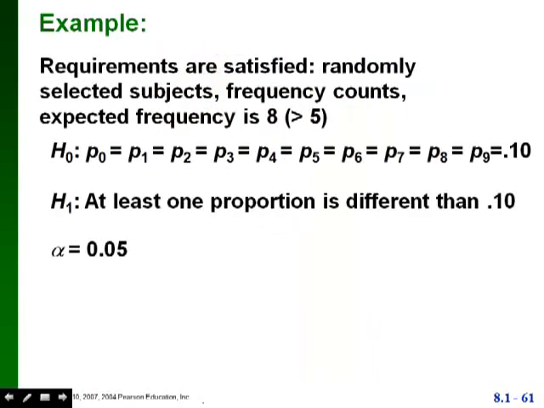Now, one of the nice things about a test for goodness of fit is that the null hypothesis and the alternative hypothesis are always pretty much the same. Since we're testing whether the categories are equally distributed, that means that our proportion for each category is going to be the same. And since we have 10 different categories, that means that each one should have a proportion of 1/10.